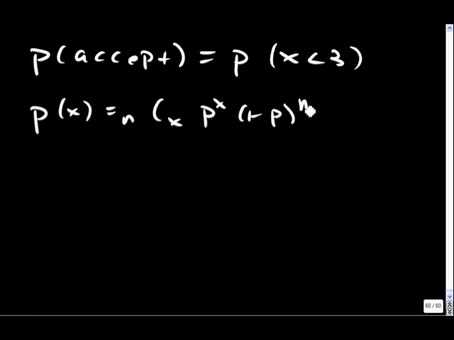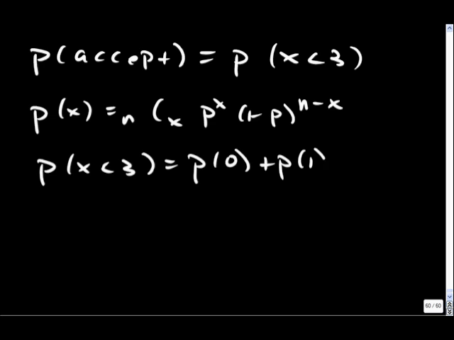Now remember, the probability that fewer than 3 is 0, 1, or 2, meaning no components are defective, 1 component is defective, or 2 components are defective. These outcomes describe fewer than 3.